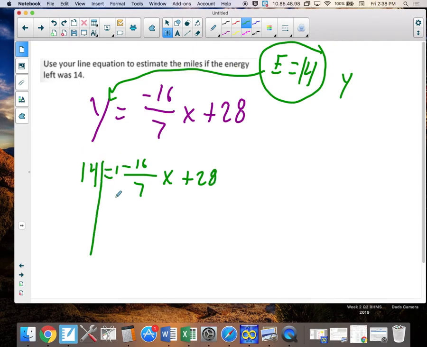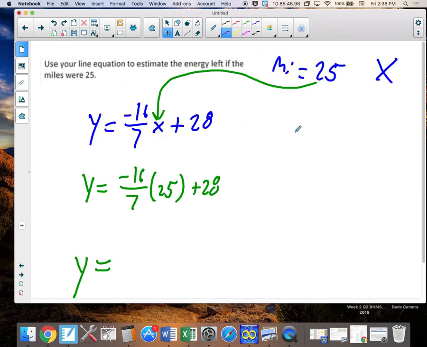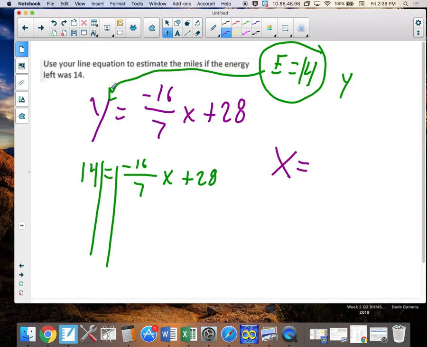Then we're going to solve this equation. Again, I'm going to leave that up to you. It is okay to get decimals on both of these, but round it to 1 decimal place.